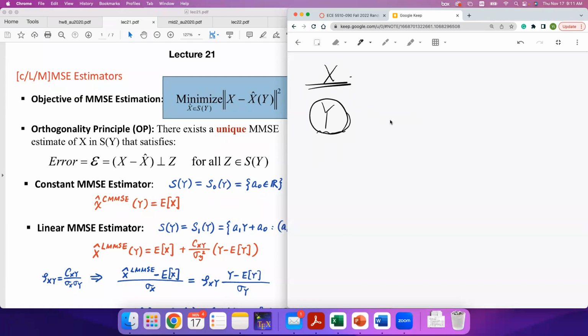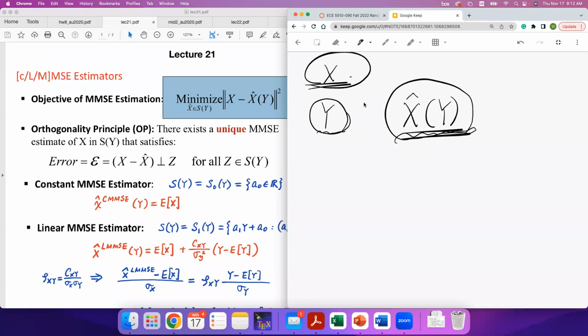The way we estimate this is to, first of all, build an estimator on the random variable y. This estimator, in general, you can view as a function of random variable y. So this is another random variable, and we want to find a principled way so that it is close to the underlying random variable x.